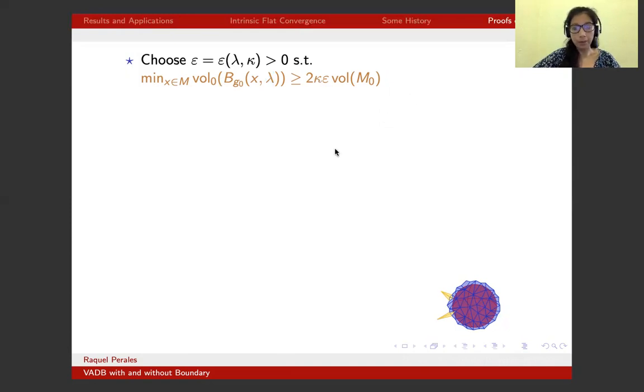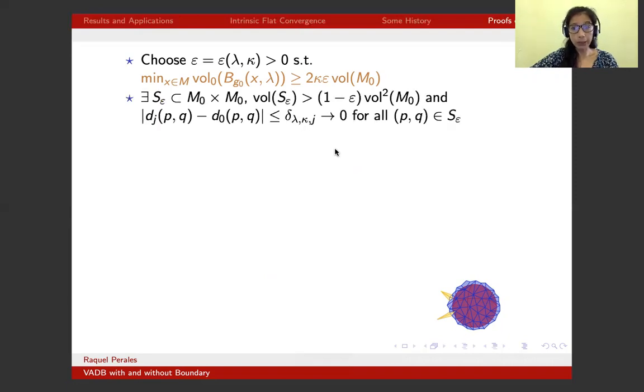Okay, so once we have this, we will use this volume estimate at the end of the construction of W_{lambda,kappa}. But let's continue. Because we have as a hypothesis that the distances d_j converge to d_0 almost everywhere, we can use Egorov's theorem, and Egorov's theorem tells us that given an epsilon, there is a set S_epsilon which has big volume.